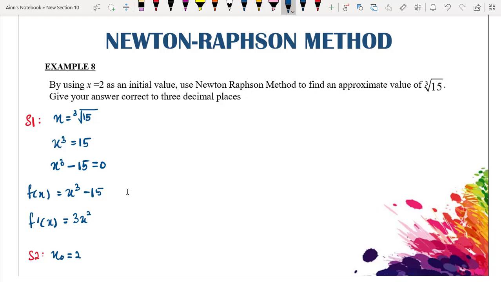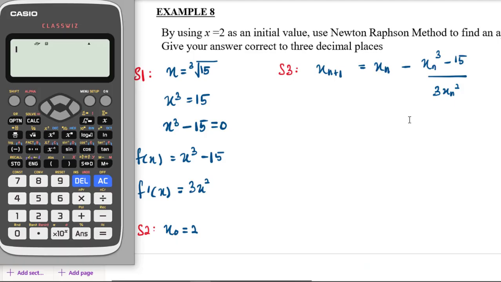So now we continue with our Newton-Raphson method formula. So we will have x(n+1) equals to xn minus, our f(x) is x cubed minus 15, so we will have xn cubed minus 15 over 3xn squared. So now you take out your calculator. We just input the formula into the calculator as what we did before.